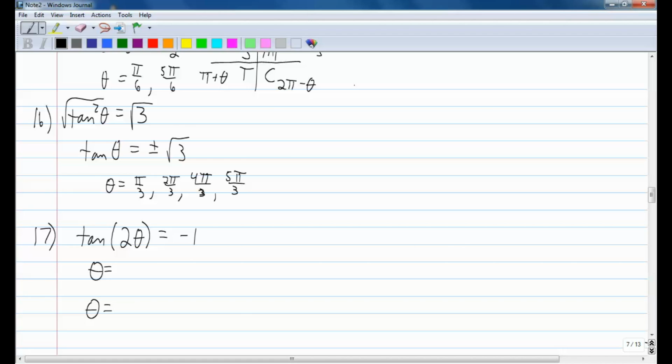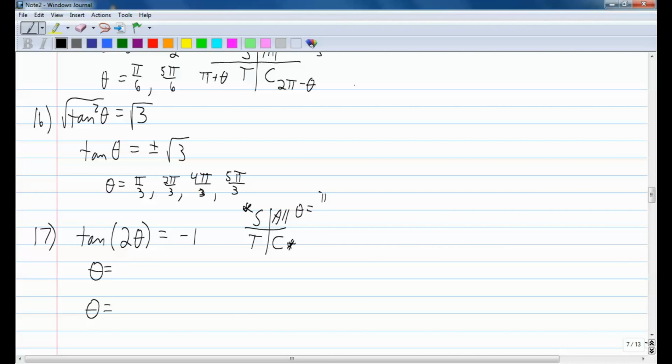I have to say, okay, where is tangent negative? It's going to be the second and fourth quadrants. And so if I get the reference angle's multiple in those two quadrants, that's what I'm going to use in my general formulas.